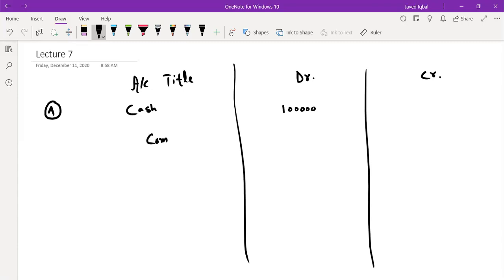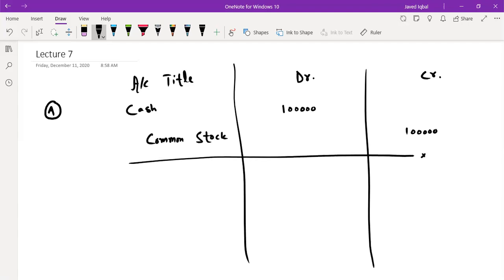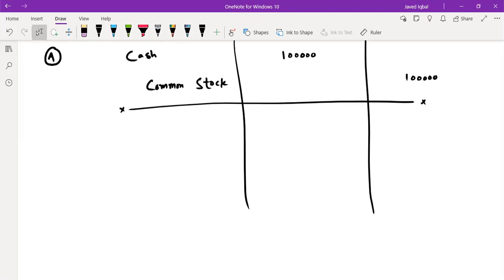Now, instead of owner's investment, we are writing common stock. That's the only difference between company's accounts and sole proprietor and partnership that we have studied till now. We're not saying that that is the only difference. There are too many differences. We'll see about it with the passage of time.